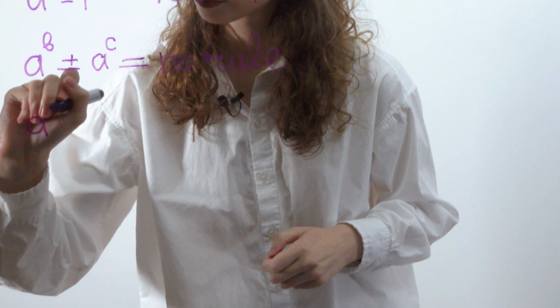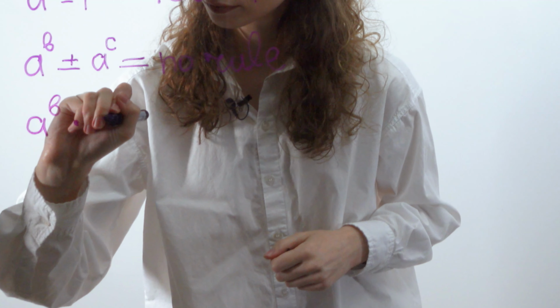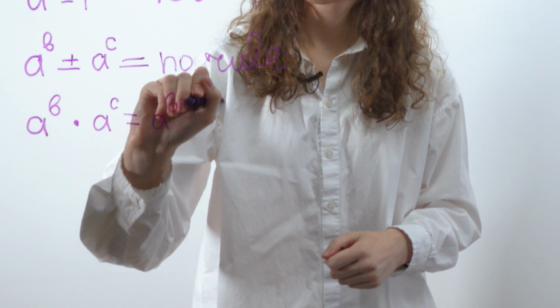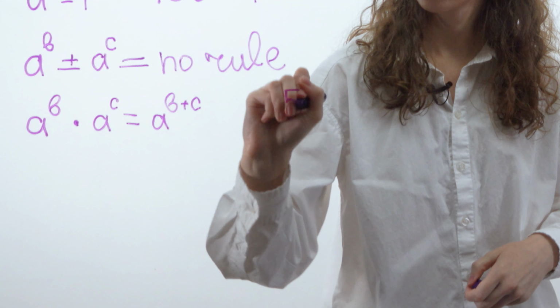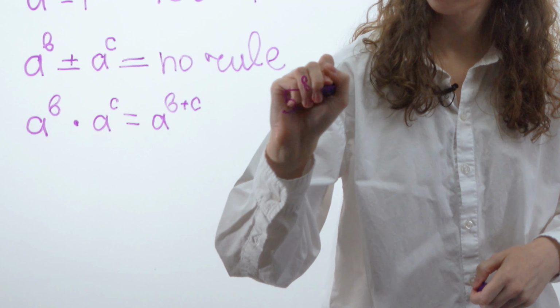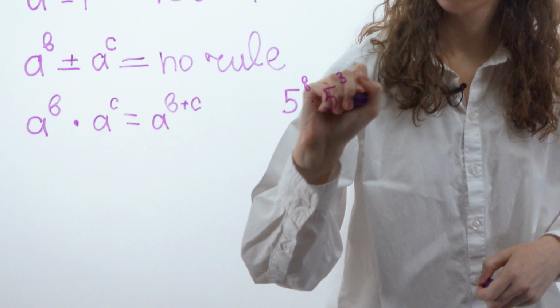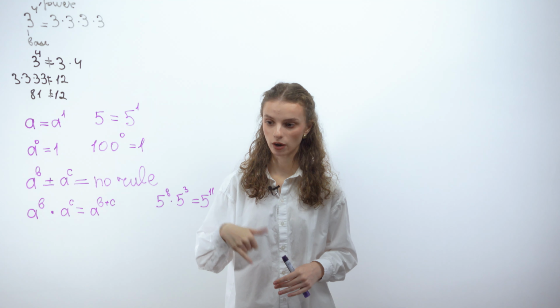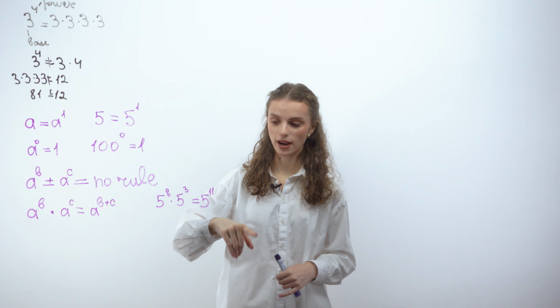Next rule is if you have the same base, like a to the b power multiplied by a to the c power, you're going to add your powers. For example, you have 5 to the 8th power times 5 to the 3rd power. That is going to be equal to 5 to the 11th power because I added my powers.